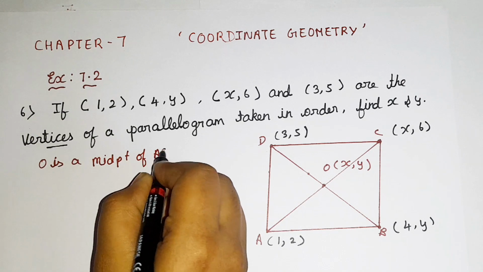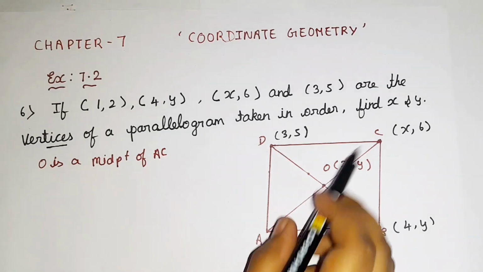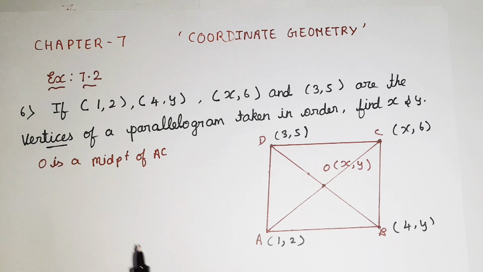O is the midpoint of AC as well as BD. I am going to do it step by step.